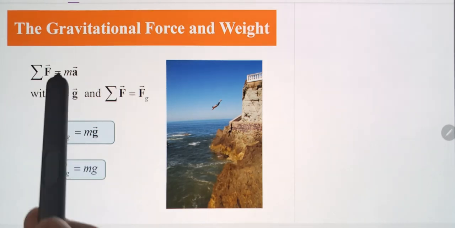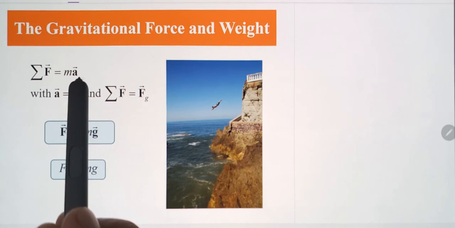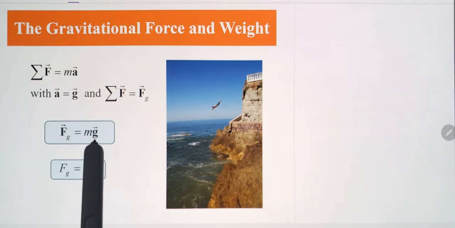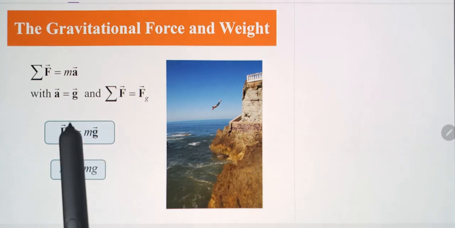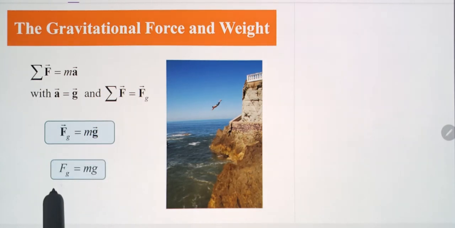Then we can apply Newton's second law on gravitational force because it is a force, and the magnitude of that force, which we call the weight, is equal to mg.